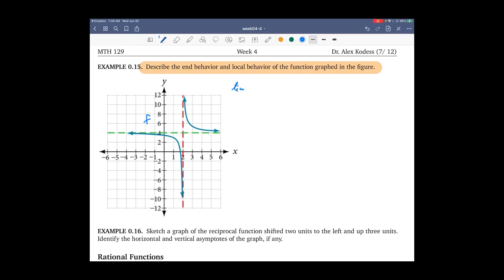We can say that the limit of f at 2 from the right is positive infinity. That's what it seems. And that limit at 2 from the left appears to be negative infinity.